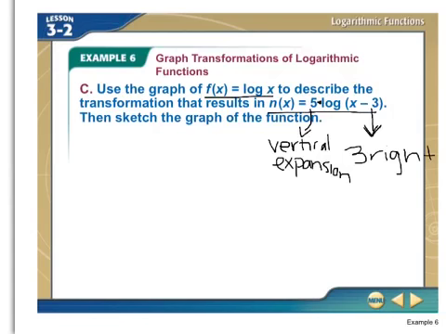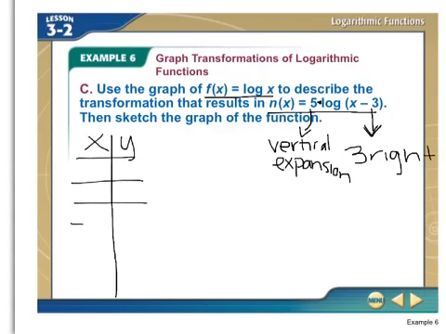Now, what we're going to do to graph this function is, first of all, come up with a table for f of x, which we already have in the previous 2 examples. So I'm going to use those same values. This time I'm actually going to say -2, -1, 0, 1, and 2.